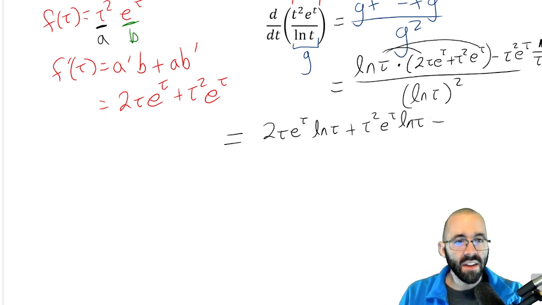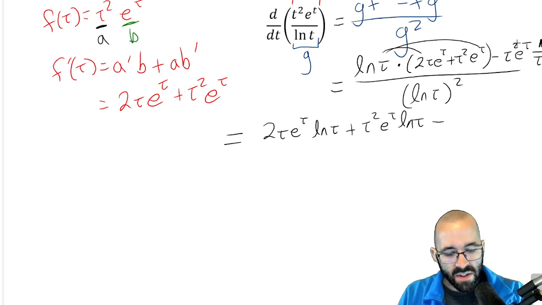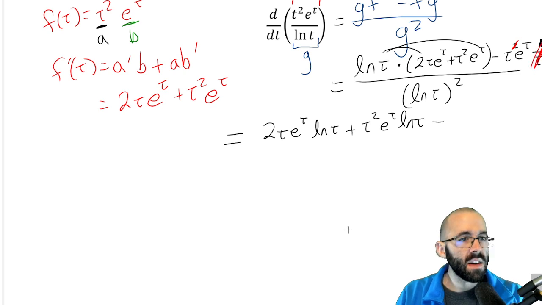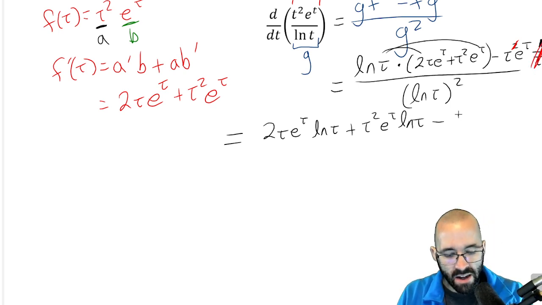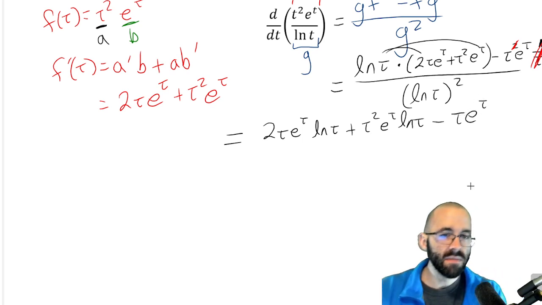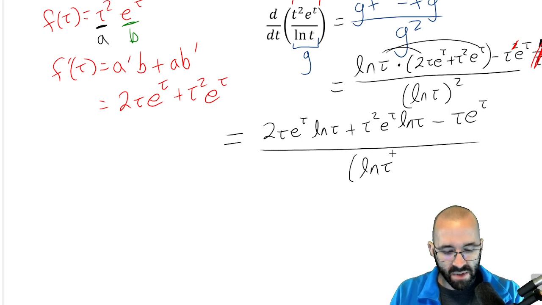Now notice that the second thing right here can simplify a little bit. We have a t squared times a 1 over t. That's the same thing as t times e to the t. Nice. The denominator is still the same.